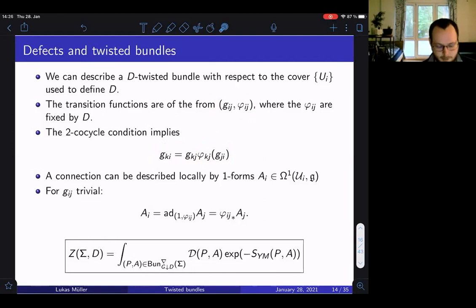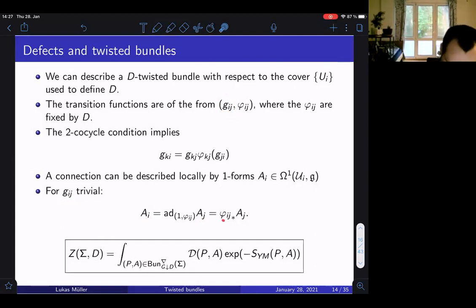And then the second thing, you can look at what happens with connections. So locally, you can describe them by one-forms in the Lie algebra. And then if I now assume that I'm in the situation where these things are trivial, just to make the formula a bit easier, then we see that A_i is related to A_j by using the adjoint action of (1, phi_ij). But if I conjugate something in the identity component of the semi-direct product with an outer automorphism, I just act with the outer automorphism on it.